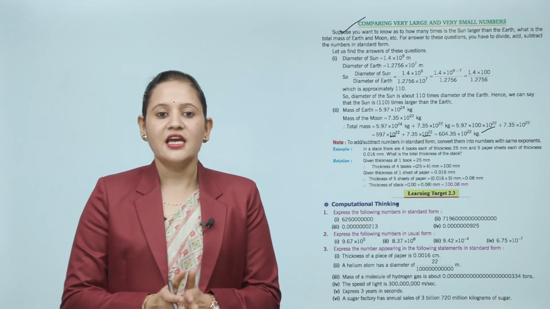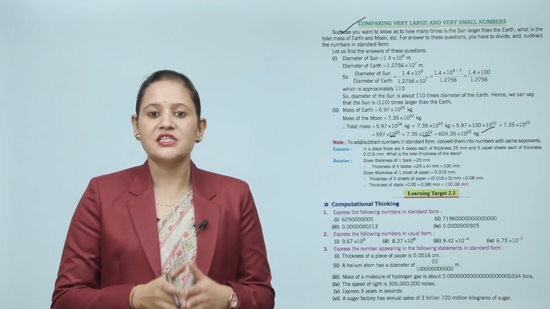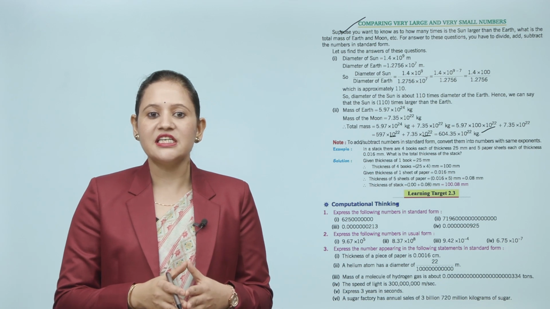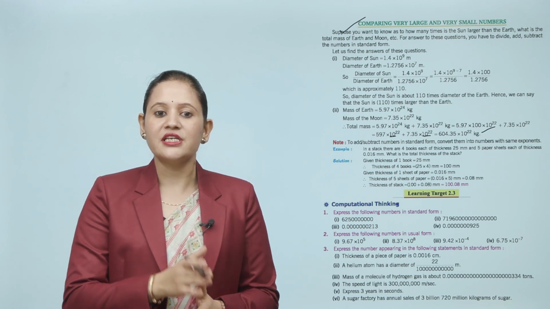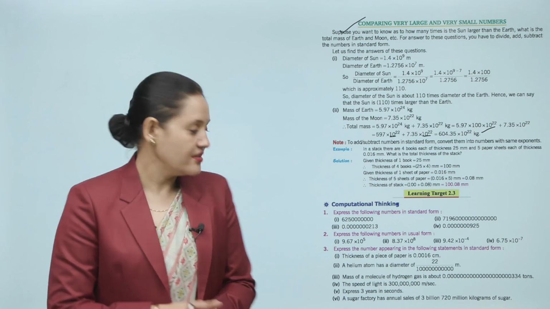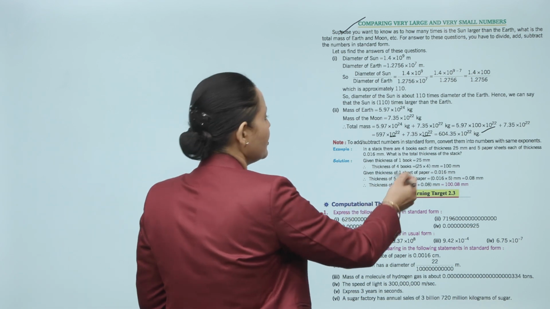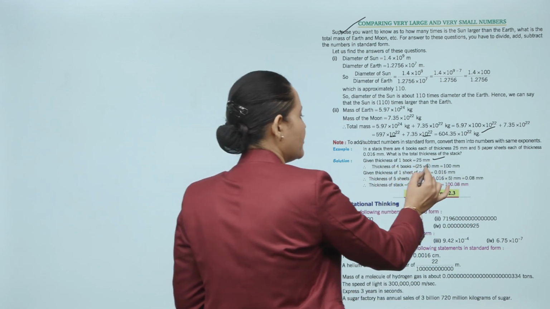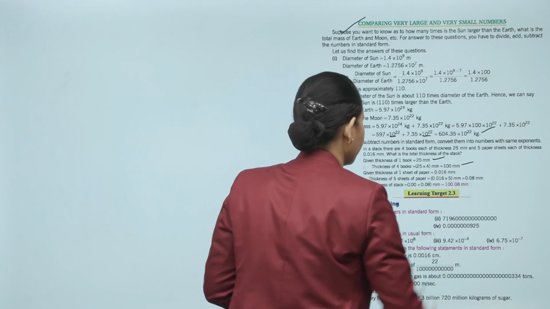Let us take an example. In the stack there are 4 books, each of thickness 25 millimeter, and 5 paper sheets, each of thickness 0.016 millimeter. What is the total thickness of the stack? Given thickness of one book is 25 millimeter. So 4 books will be 25 times 4 millimeter, that is 100 millimeter.